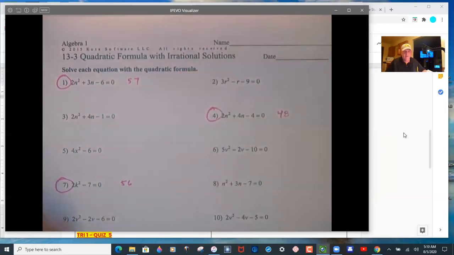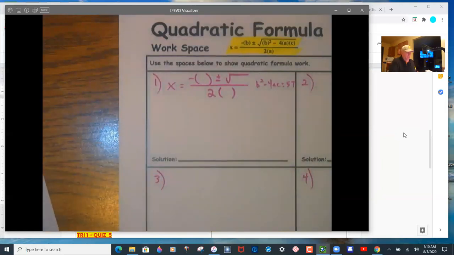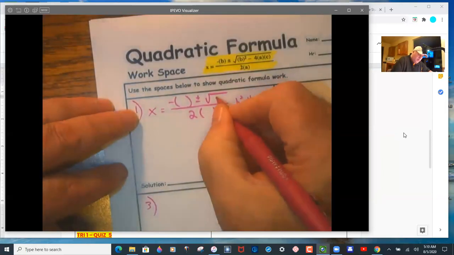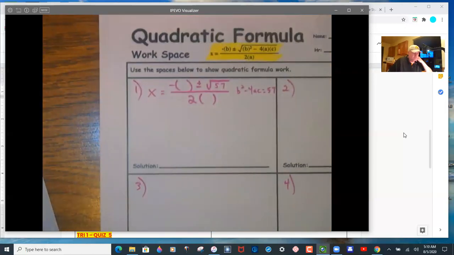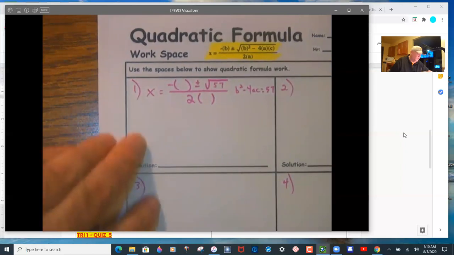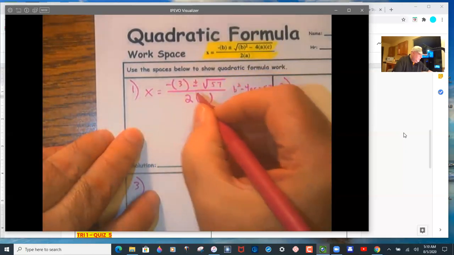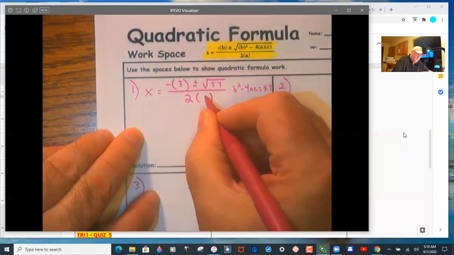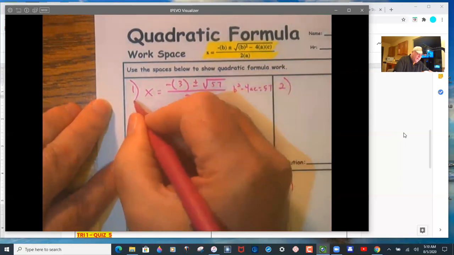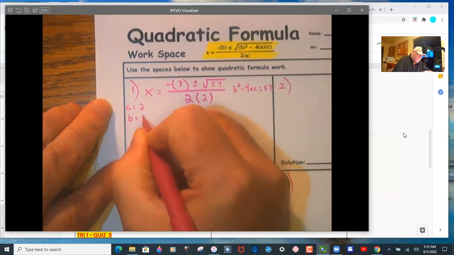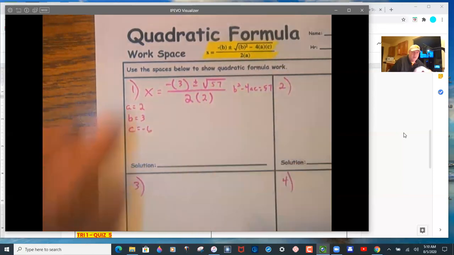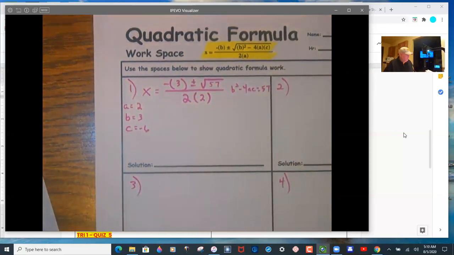To do that carefully, and then that's the number that's going to be under that square root. And then you just simply fill in with the rest. So b is 3, and then a is 2. So you might want to write down off on the side here so that you can see them and that you don't mess it up. So that's what we're trying to reduce.